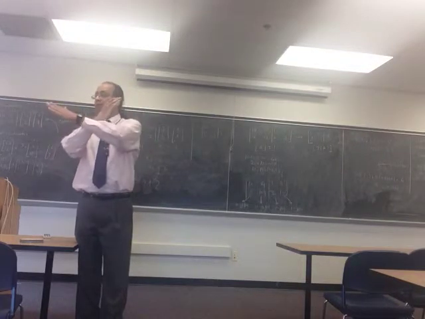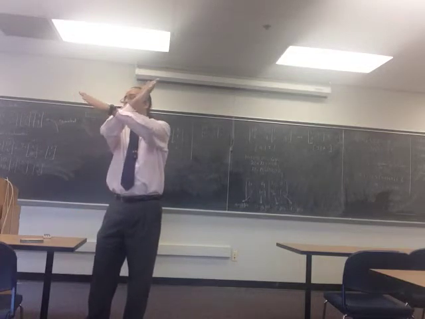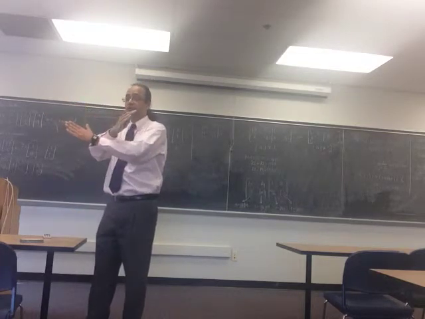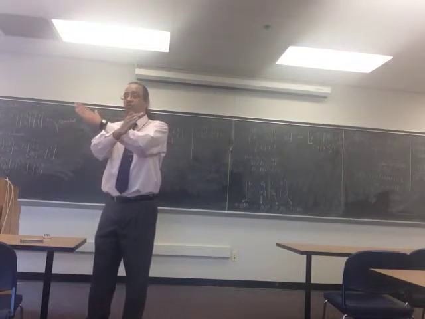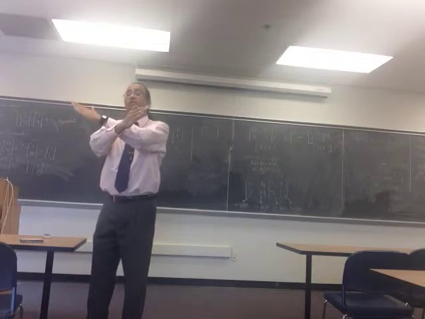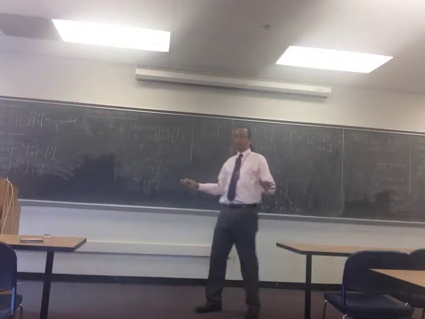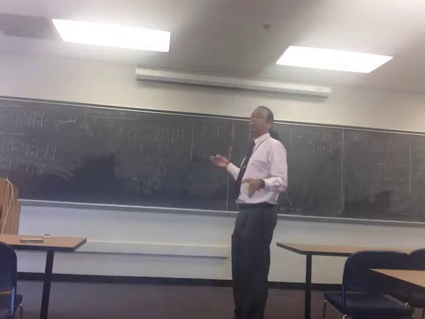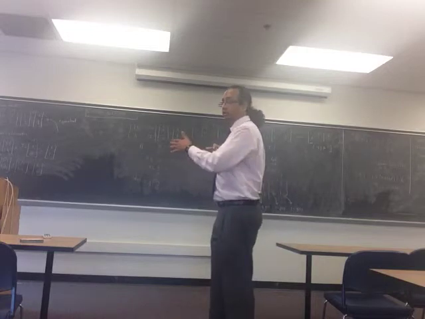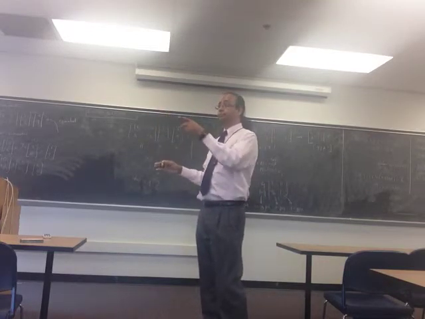Row picture is simply each row representing an equation. First equation, second equation, the point of intersection is a solution. If you did the second equation first and then the first equation, your point of intersection is still exactly the same. So swapping rows does nothing to the answer, as long as you swap the right-hand sides as well. You take the entire second row and make it the first row, and vice versa, you'll be fine.